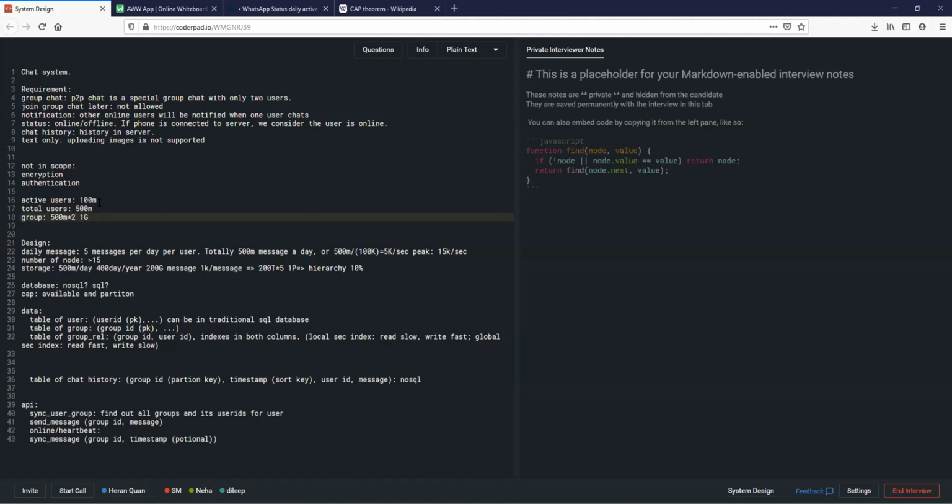If it's me and you and there's only one group, each person has 0.5 unique groups. So if we put them together, each user may have 2 or 3 unique groups, and that's still 1 giga items. If each item is 100 bytes, then we have 100 gigabytes of storage.